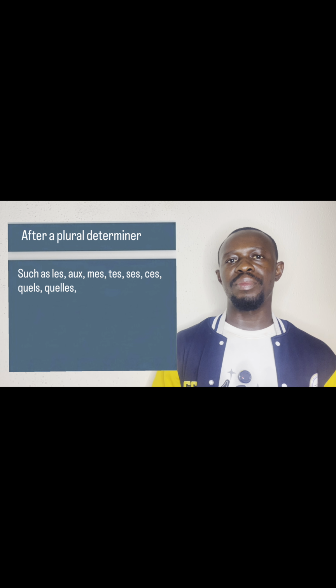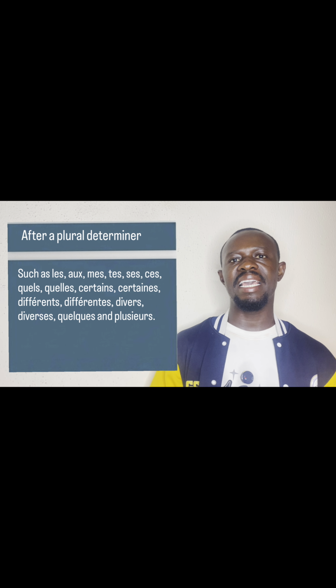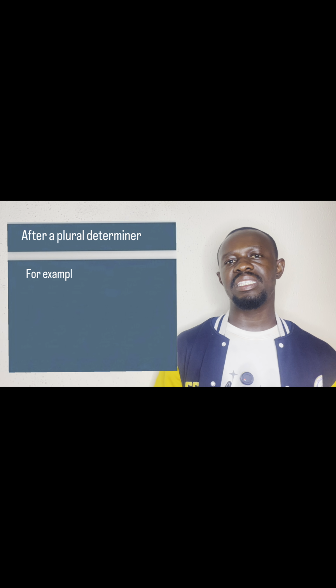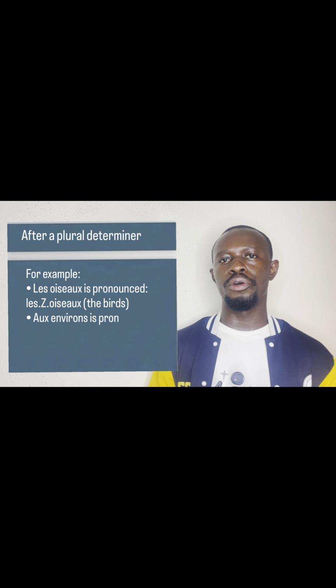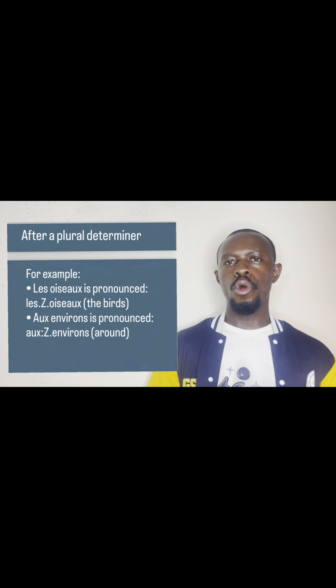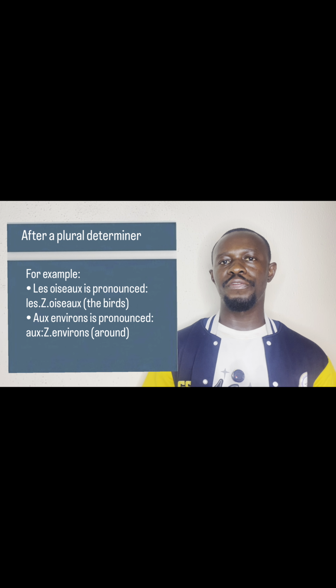After a plural determiner, the liaison is mandatory with a plural determiner such as les, deux, mes, tes, ces, quels, certains, différentes, divers, quelques, and plusieurs. For instance, we have "les oiseaux". So we say "les oiseaux". "Deux enfants". So we say "deux enfants".